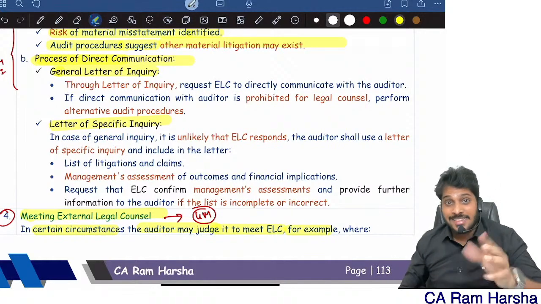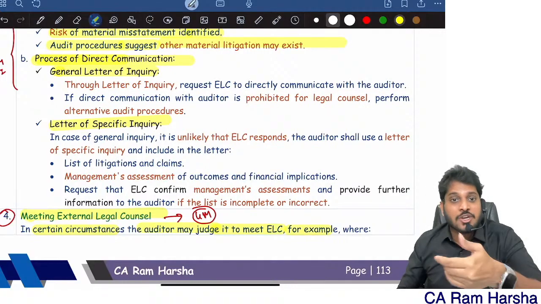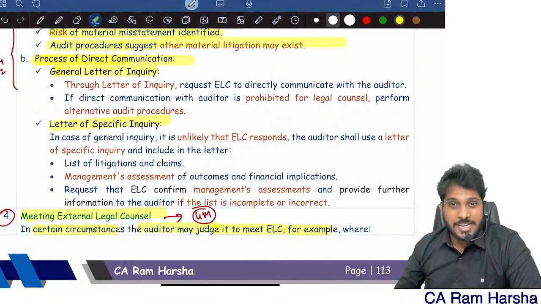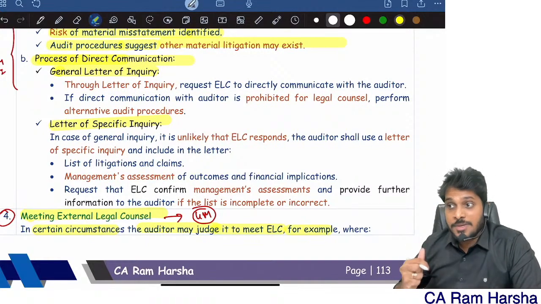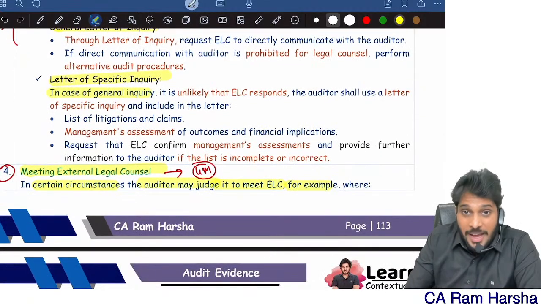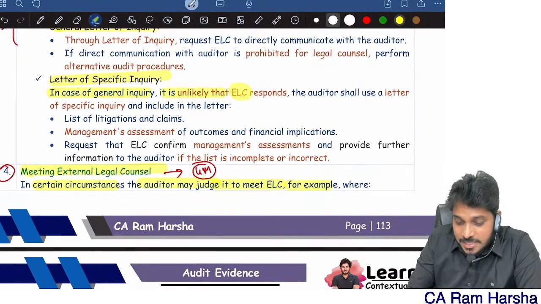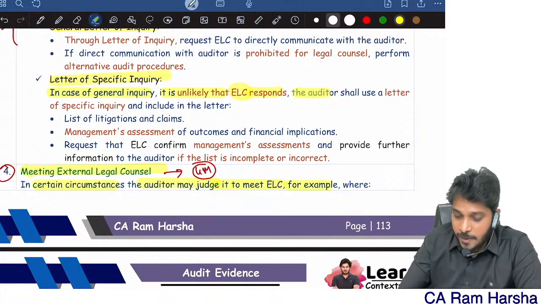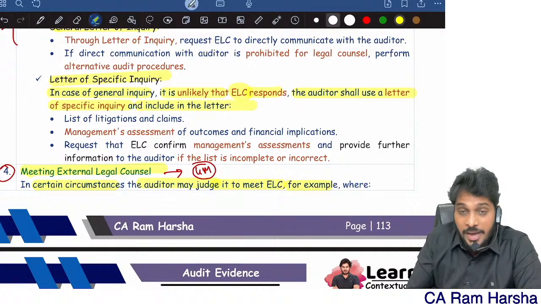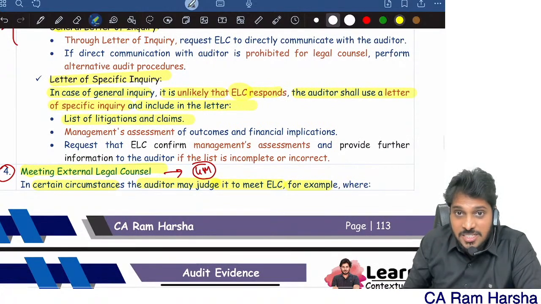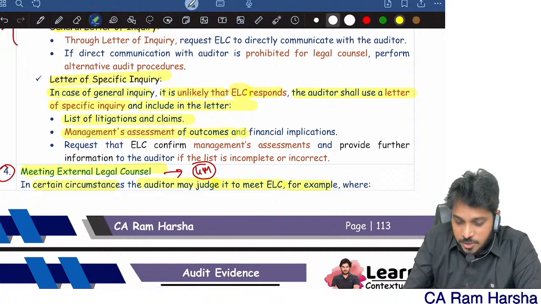Many lawyers don't respond to general inquiries like this. If a lawyer is prohibited from responding to general inquiries, then you will specifically ask them, a specific inquiry. In case of a general inquiry, it is unlikely that external legal counsel responds. The auditor shall use a specific inquiry, and in that letter mention the list of litigations and claims and management's assessments of the outcomes.